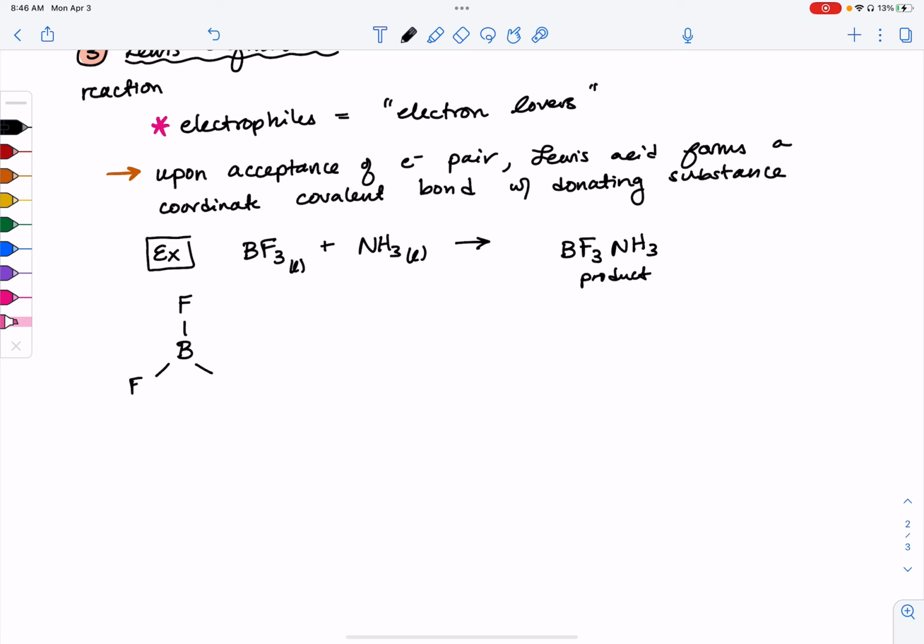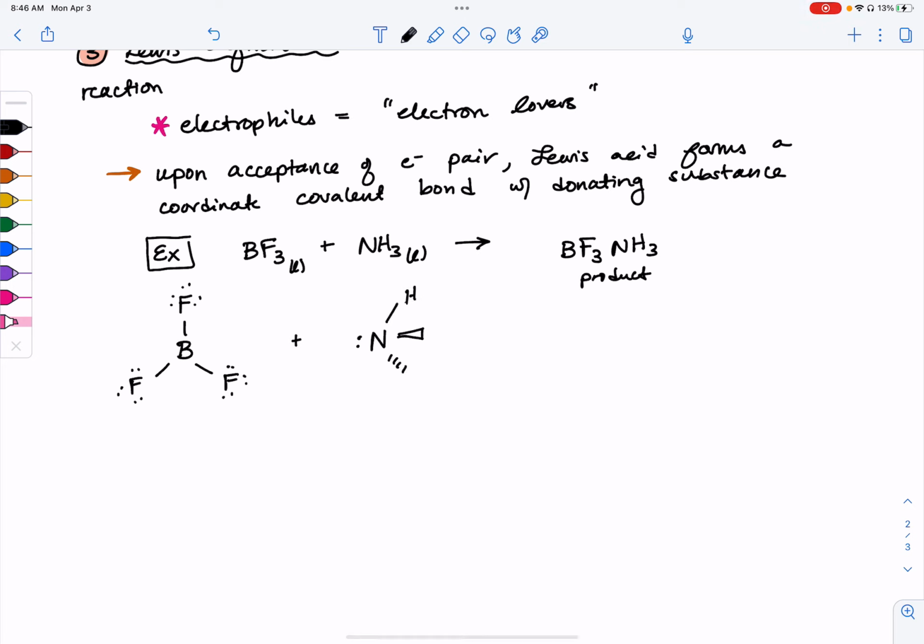in this reaction. So I've got BF3, which you might recall from our chemical bonding workshop, is a trigonal planar molecule that is an exception to octet, like so. And then we've also got our ammonia, which is trigonal pyramidal.